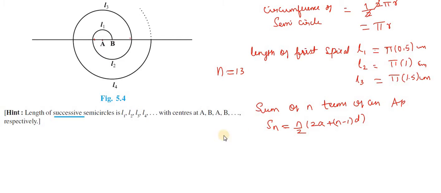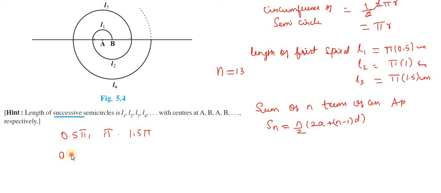Okay, then what is a, what is d? We need to find a and d also. So how to find a? This L1 is nothing but a. Now it is an AP: 0.5 pi, then 1 pi, then 1.5 pi. These are nothing but an AP.